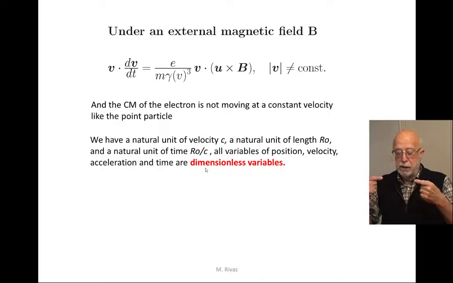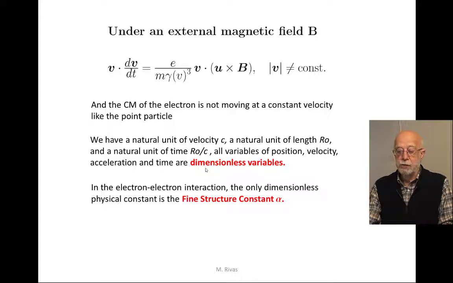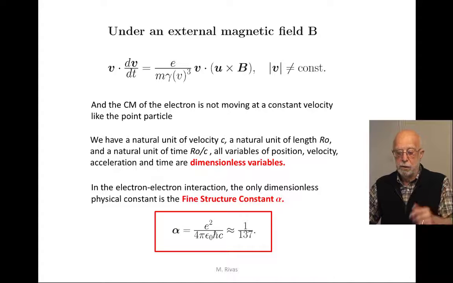So we analyze the electron-electron interaction. All variables are dimensionless, and the only relevant physical constant, the coupling constant between them, is just the fine structure constant alpha, which is defined in this way. So the fine structure constant contains three fundamental constants which are related to this model. e is the charge of the particle, h bar over 2 represents the angular momentum of the particle, and c is the center of charge velocity.